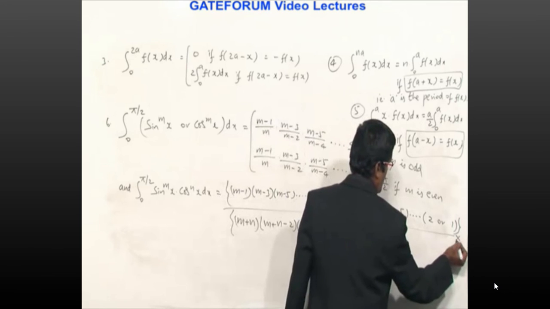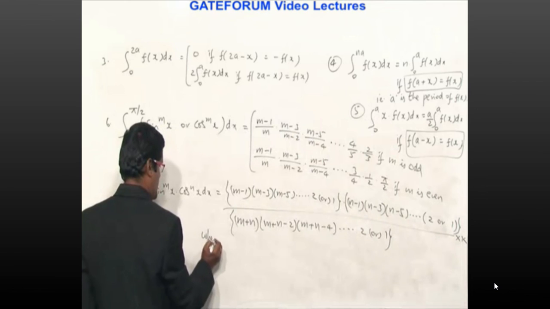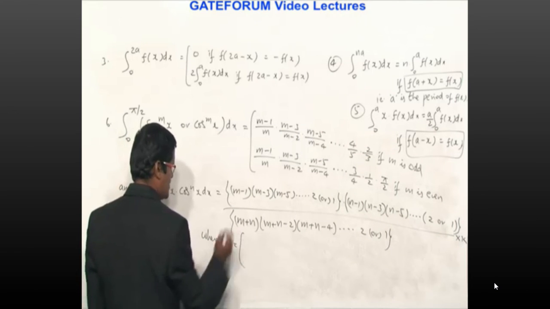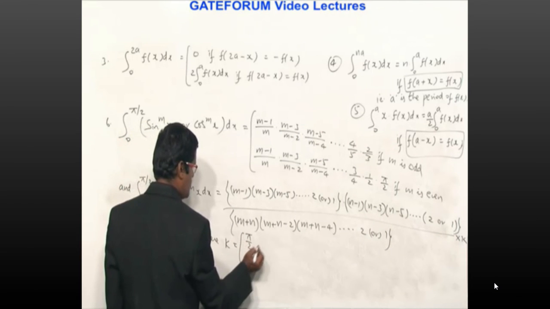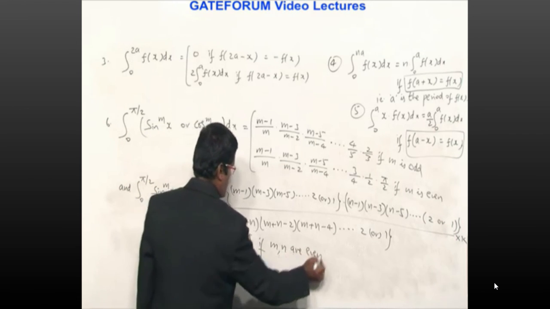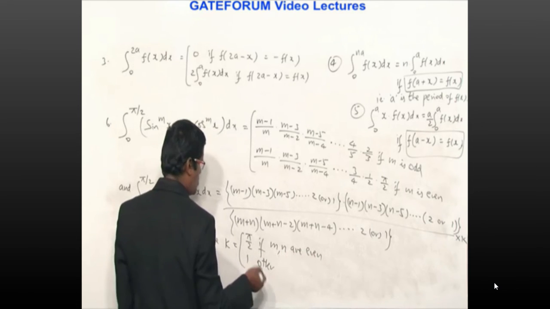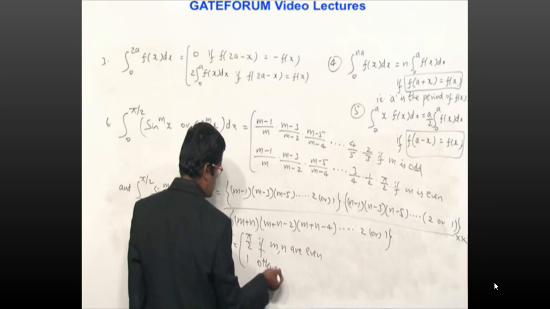All these are multiplied by some k outside, where this k is again two cases, two answers: pi by 2 if both m and n are even, otherwise 1. That means both are odd or one is odd, at least one is an odd number.